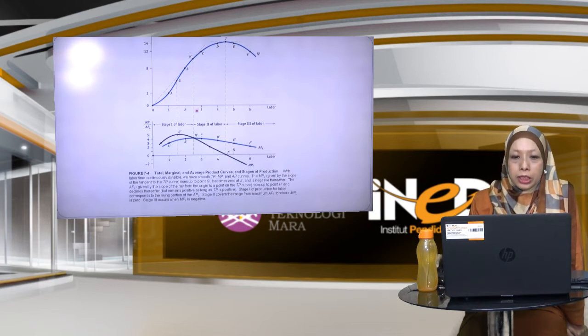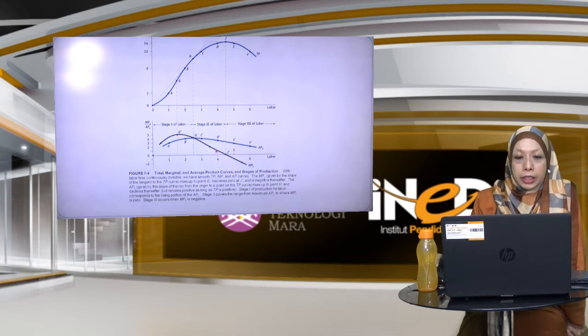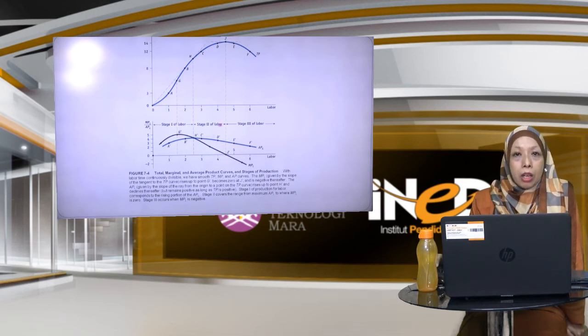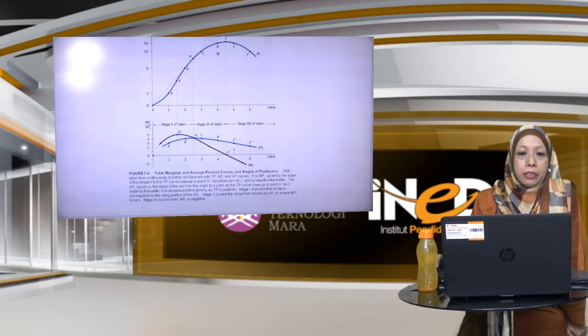Now, once you reach stage 2, you can see that not only does marginal product continue to fall, but average product, or the productivity level, starts to fall. So should we stop in stage 2? But when you look at the production curve, you can see that production continues to increase.